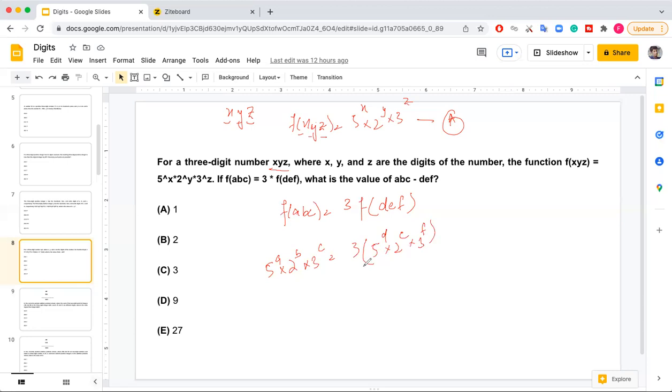Now just using the rules of exponents, if the bases are the same, the powers add up. This is 5^d into 2^e into 3^(f+3), and the left side is 5^a into 2^b into 3^c.